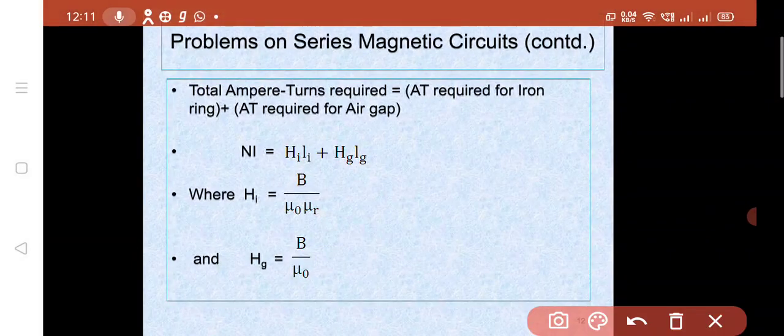So N I is equal to Hi Li plus Hg Lg, where Hi is equal to B by mu naught mu r, and Hg is equal to B by mu naught.